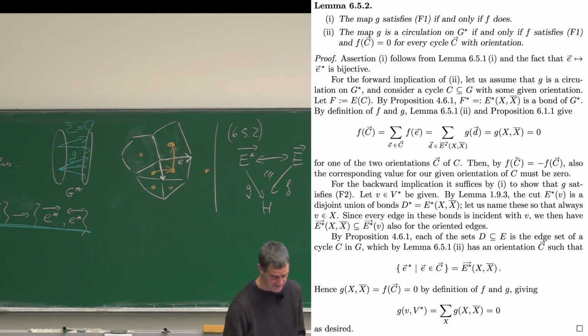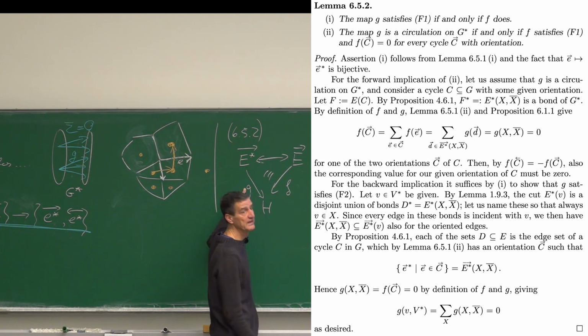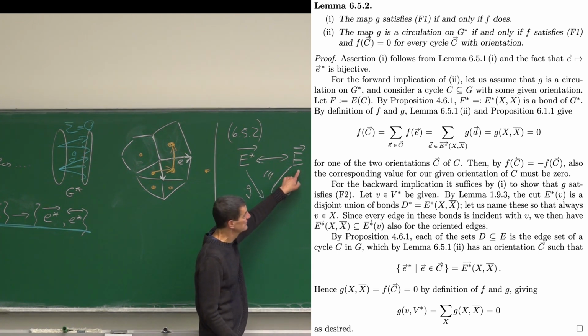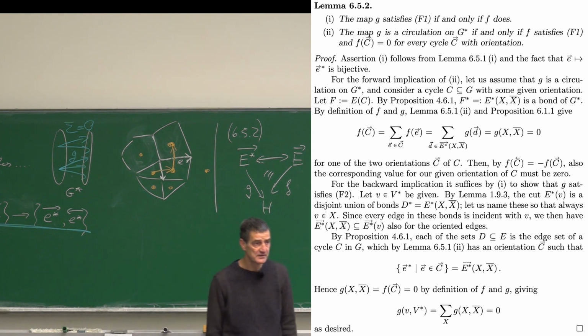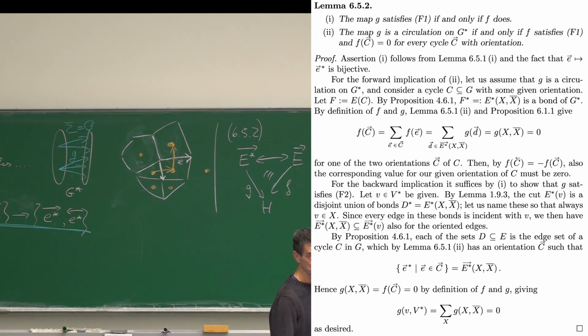So item 2 says that G is a circulation, so the map little g satisfies F1 and F2 if the map F satisfies F1 and, well, we have to translate F2 now, right?